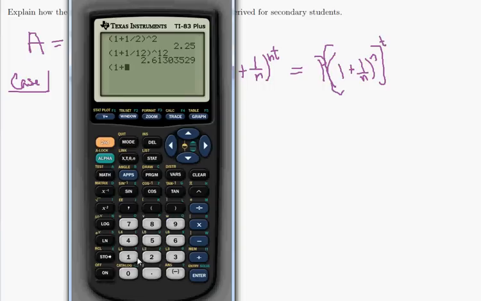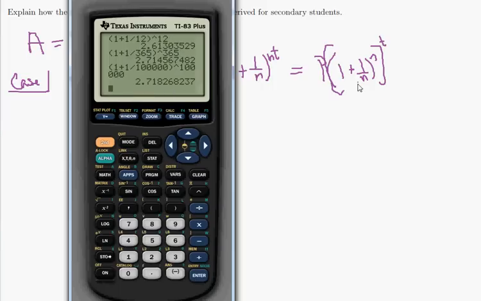If we do it every day, 365, raised to 365, we get 2.714. If I were to increase this to, say, 1 over 100,000, raised to the 100,000, we get 2.718268.